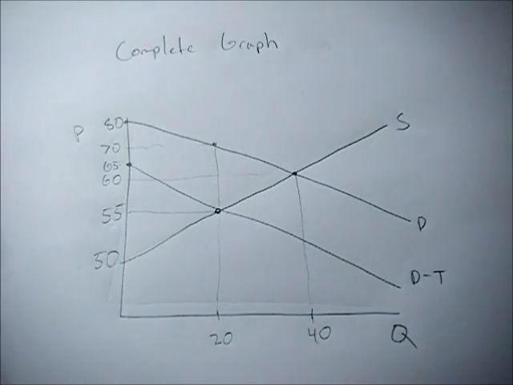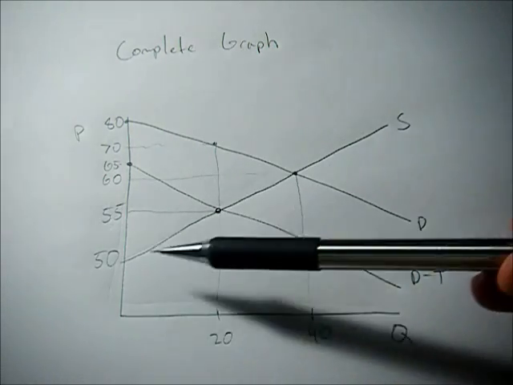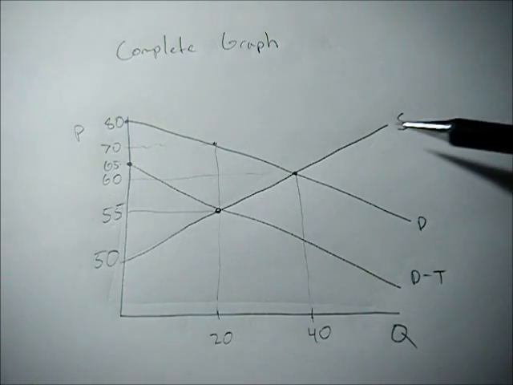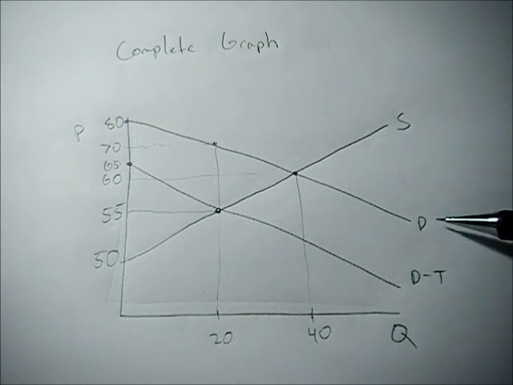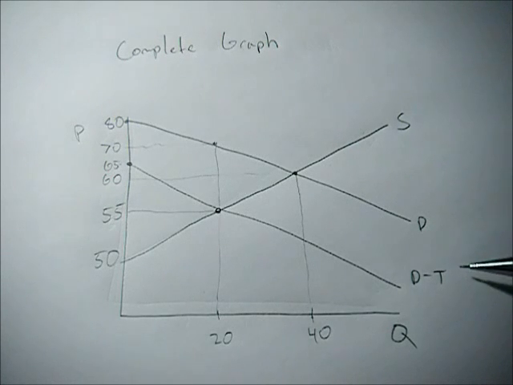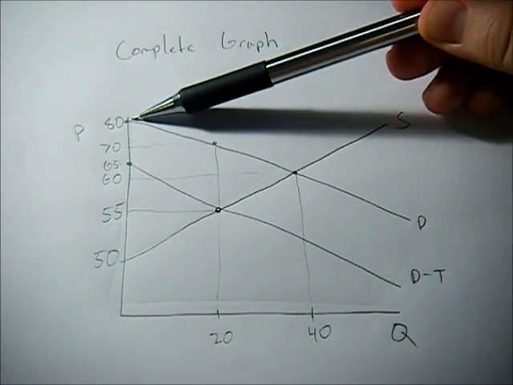Okay, so this is what the complete graph looks like with the tax. We have our supply function, which is that marginal cost function we had before, intersects at 50 and goes up. Our two demand curves, one without the tax, and then our demand curve with the tax. The demand curve without the tax intersects at 80.